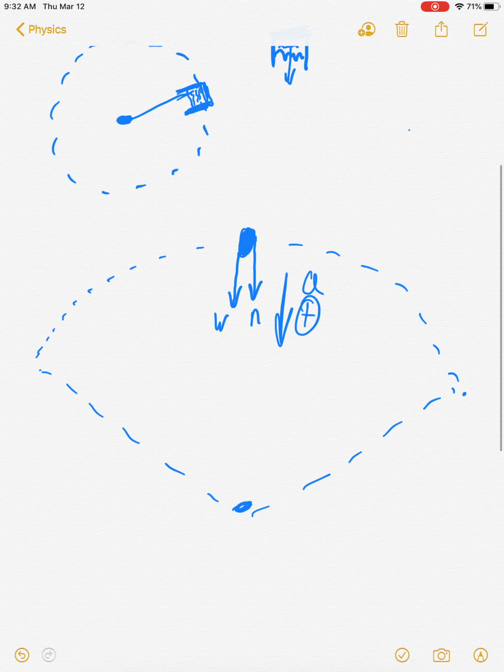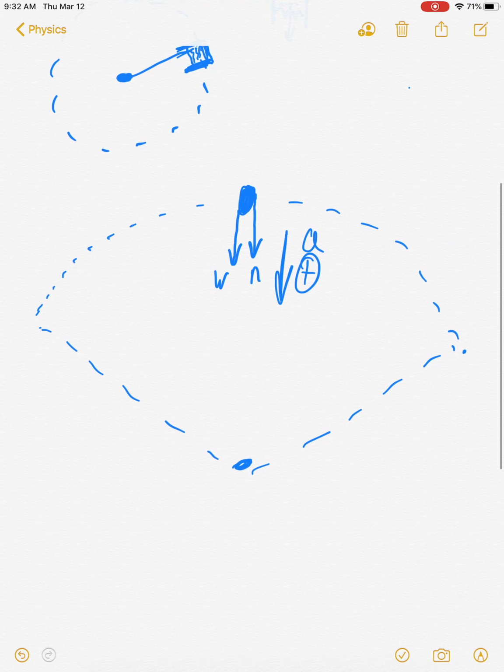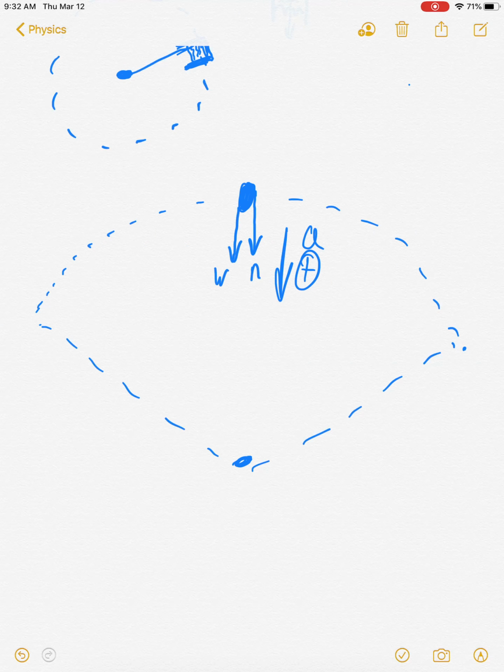And so now we've set up our problem. We know where a is pointed, we know the forces involved, but there's one other component. Here we don't just want to find the velocity, we want to find the minimum velocity that we need to do this. So what would happen at the minimum velocity?